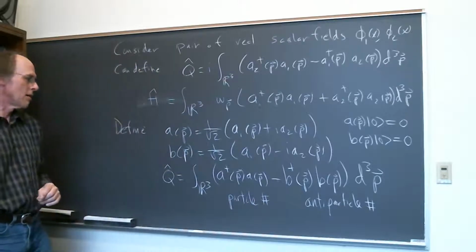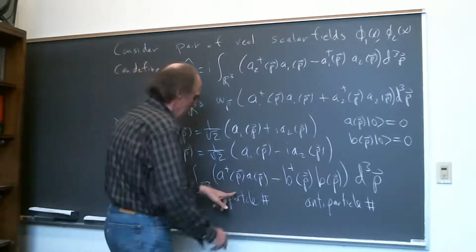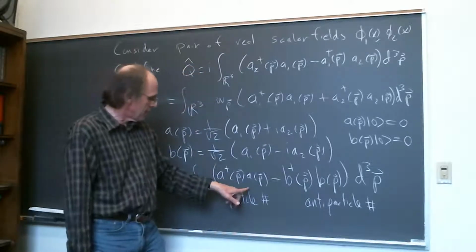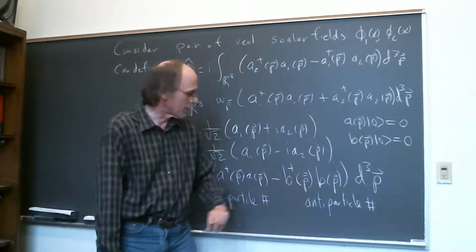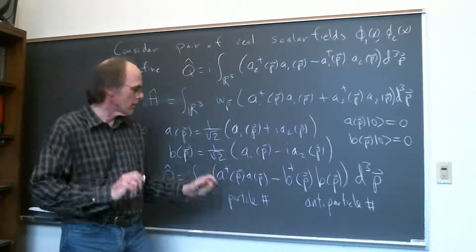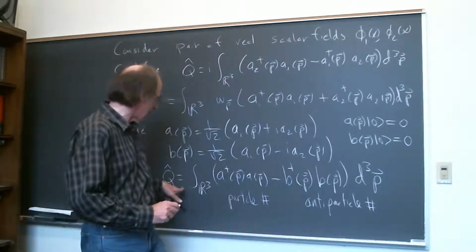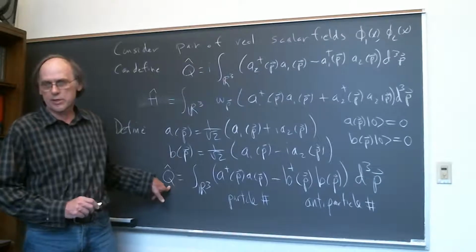But anyway, the physical interpretation is that this is just counting up that you've got A kinds of particles and B kinds of particles, and they have the same behavior, except that they have opposite behavior under this charge operator.